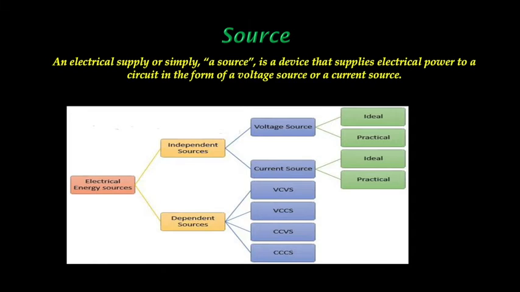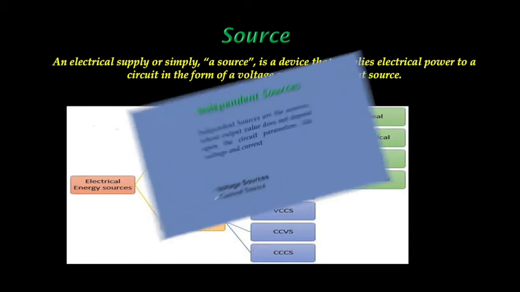Independent sources are voltage source and current source, and dependent sources are voltage controlled current source, current controlled voltage source, current controlled current source.